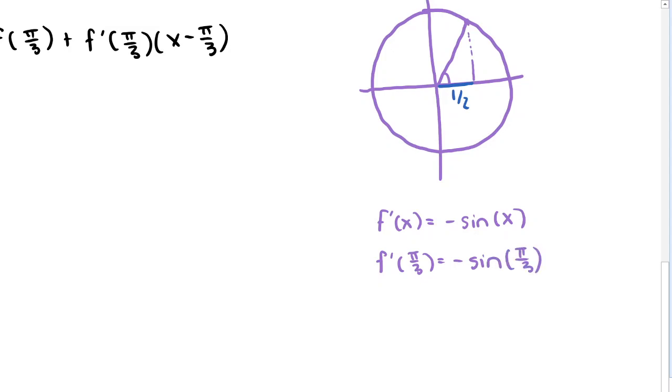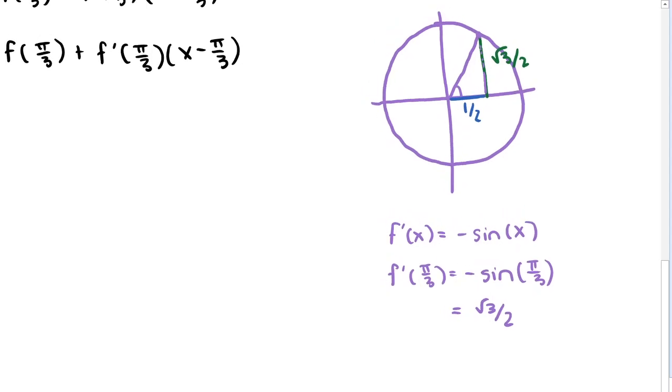Well, sine gives us the y value of our coordinate at this particular angle. So here we're looking at that same angle, pi over 3, and we're looking at the y value of our point on our unit circle, and this is square root of 3 over 2. And so here, f prime of pi over 3 is the square root of 3 over 2. This is the slope of our tangent line.